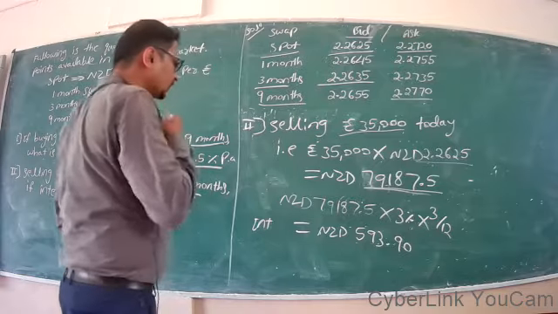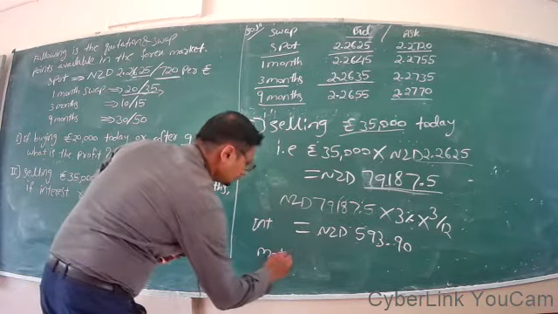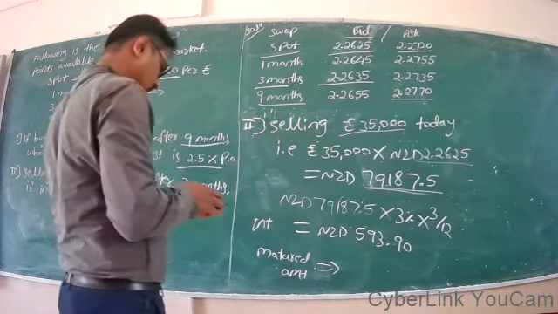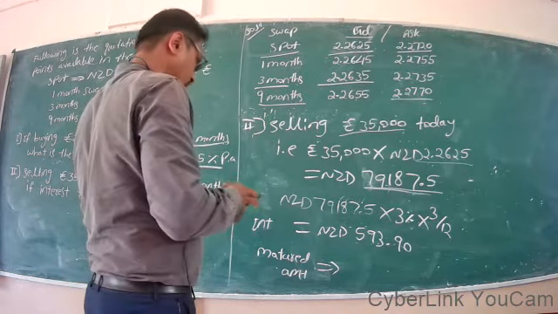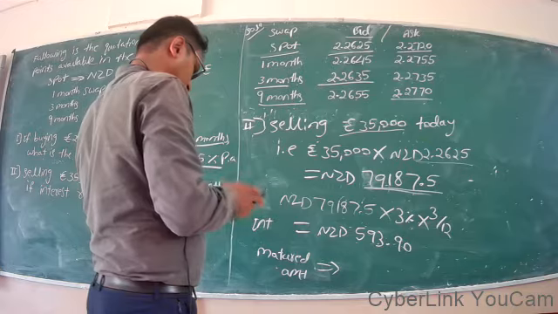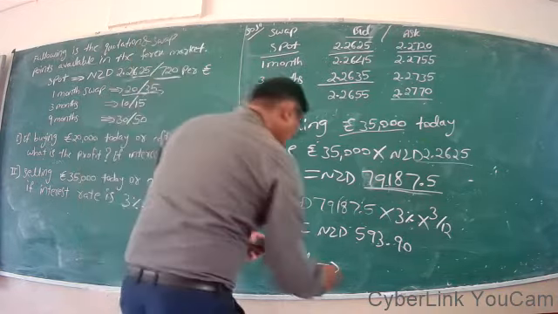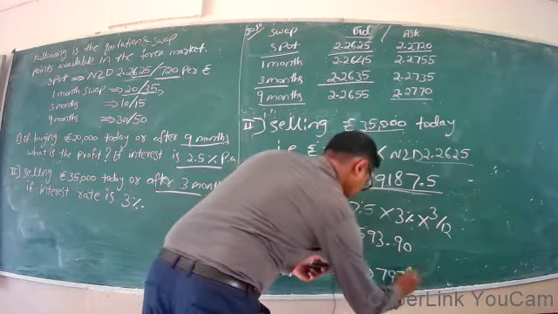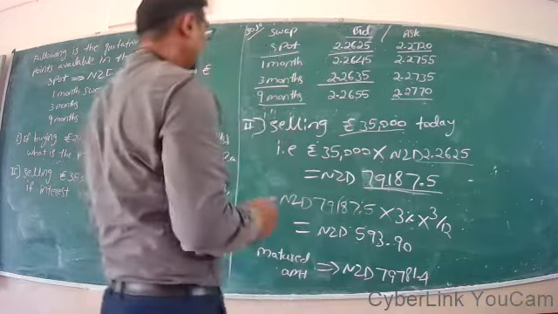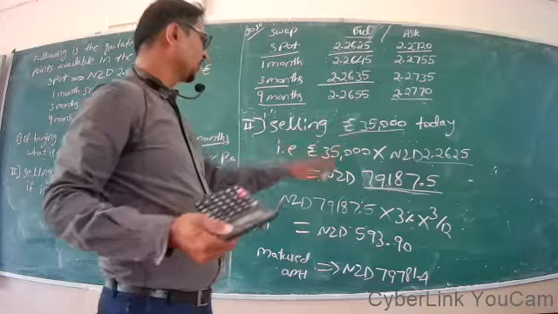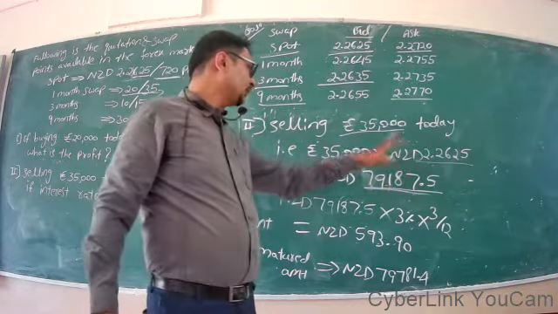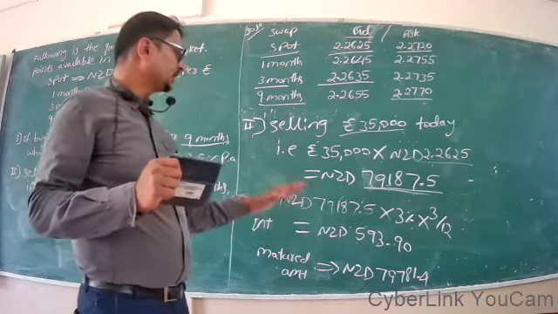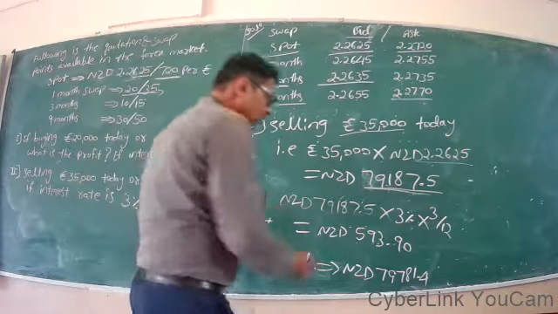So the entire amount you get is, if you sell 35,000 euros today and you get 79,187.5 New Zealand dollars, and deposit at the bank, then you will get 79,781.4, right? So this is what you get.